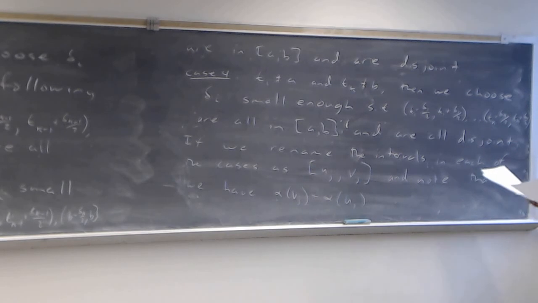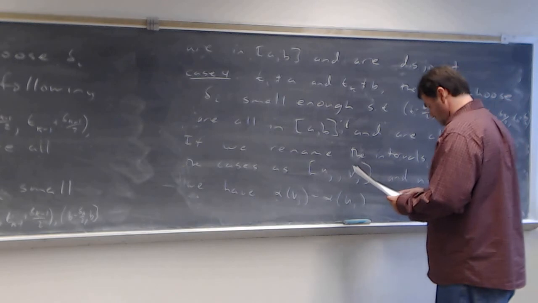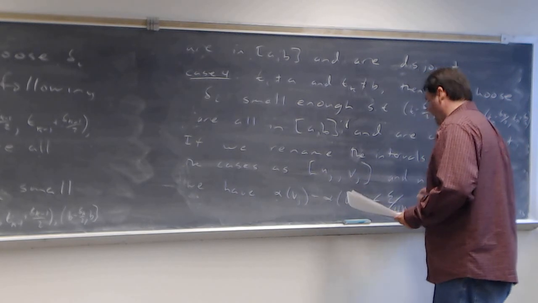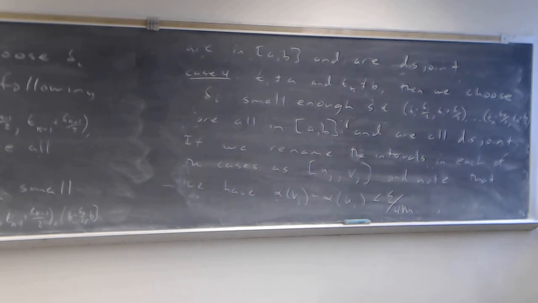So if we look at that, that's going to be less than, I think it's epsilon over 4n, and that's due to the continuity.